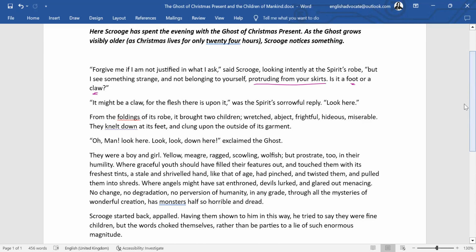And the first thing that gives this moment impact is that Scrooge is considerably more polite and respectful than he has been earlier. So we can see that Scrooge is maybe beginning to change because of this kind of less confrontational question.